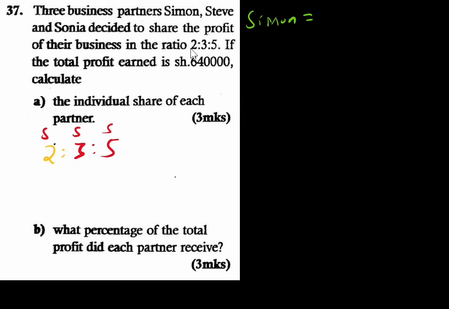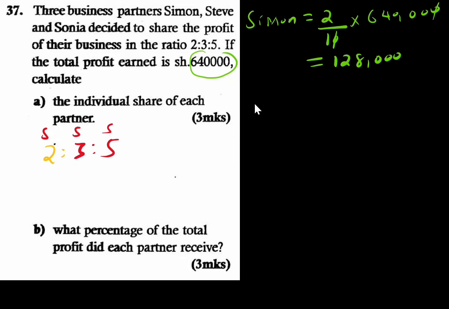His ratio is 2 over the total. We add 2 plus 3 is 5, 5 plus 5 is 10. So it is 2 over 10 multiplied by the amount they are sharing, 640,000. The zeros cancel. If you multiply this, you see that Simon gets 128,000 shillings.